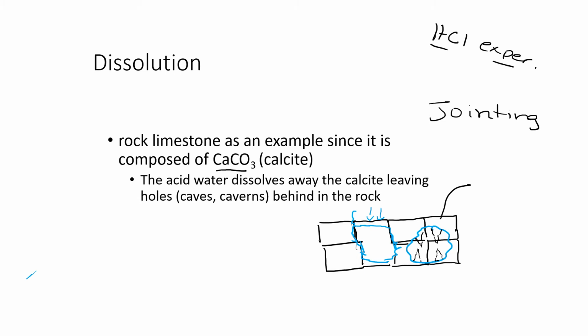If it's hanging from the roof, it's called a stalactite. If it's growing up from the floor, it's called a stalagmite. I always remember that because of T, top, and the G, ground, growing up from the ground. If they grow together, it forms a column.